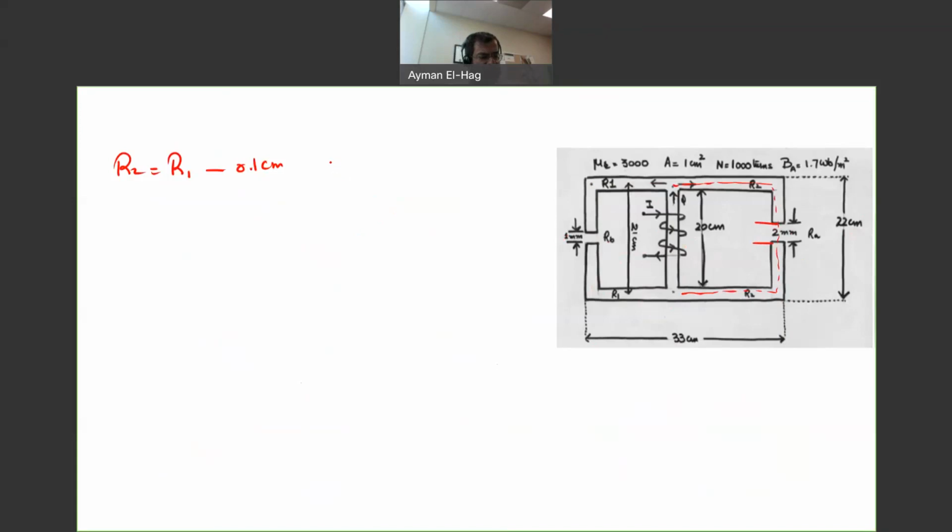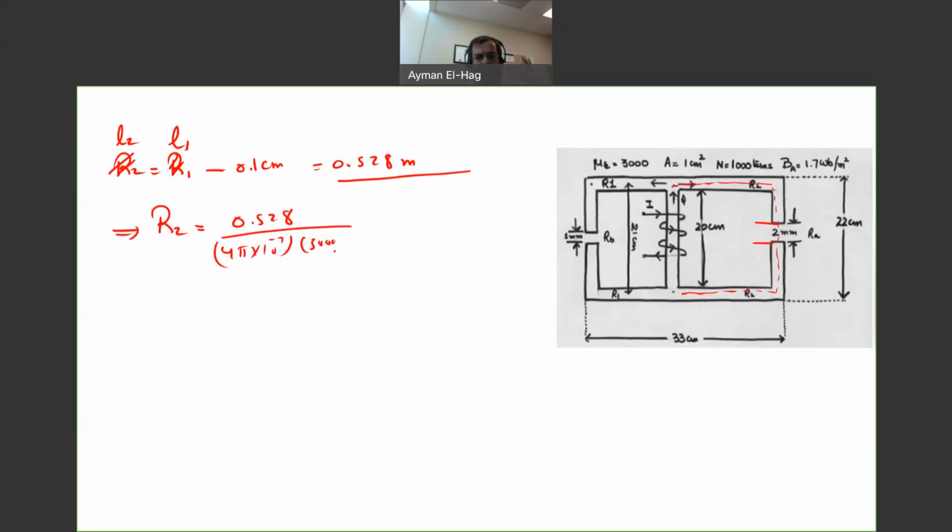So L2 is 0.528 meter, and reluctance 2 is equal to 0.528 divided by 4 pi times 10 to minus 7 times 3000, which is your mu, times area 1 times 10 to minus 4.